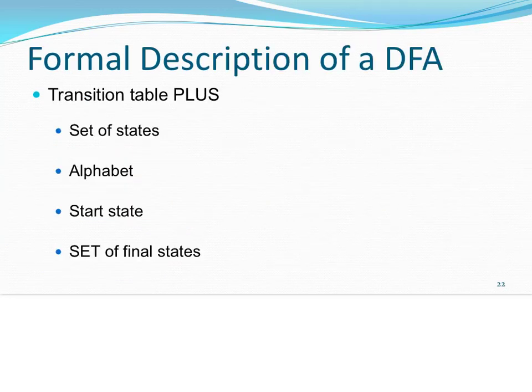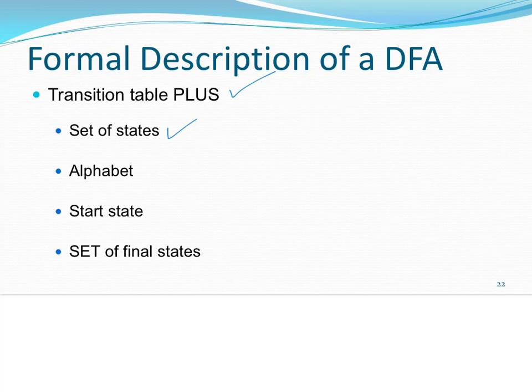So if we want to formally describe our DFA, we are going to give 5 different pieces of information. I'm going to tell you what my transition table is, and I'm going to show you that transition table. I'm also going to tell you the names of all of my states. Now, you could figure that out from the transition table, right?